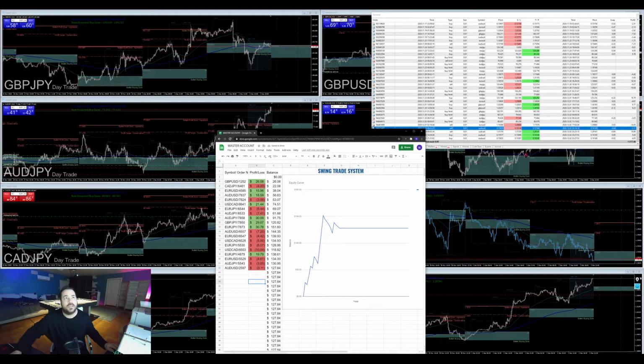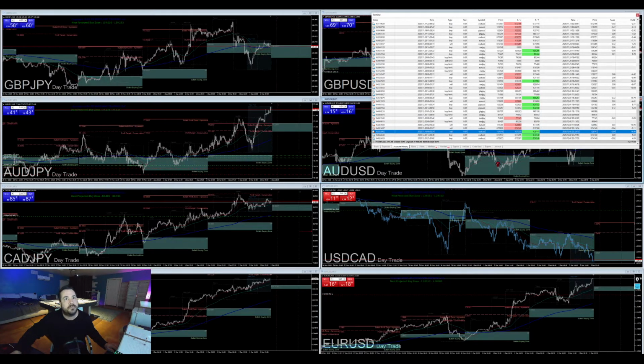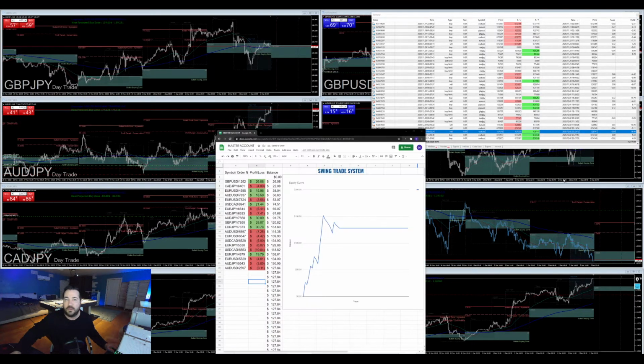All right, let's get into the 3 winners. This one I know is a swing trade. It was the CAD 5062. That was from a few weeks ago. Oops, nope, that's not correct.